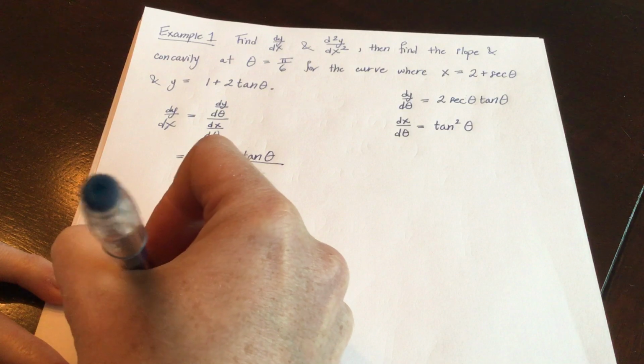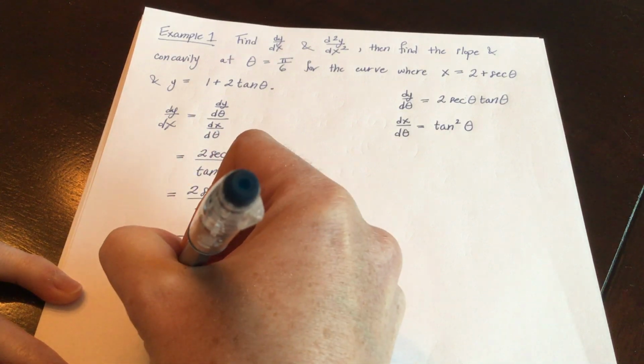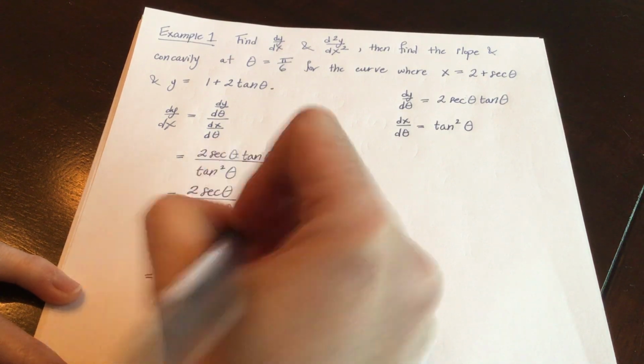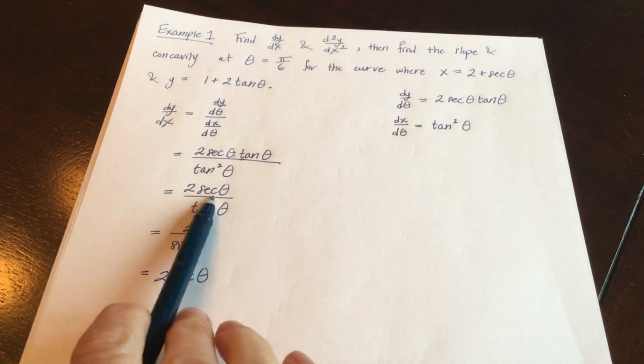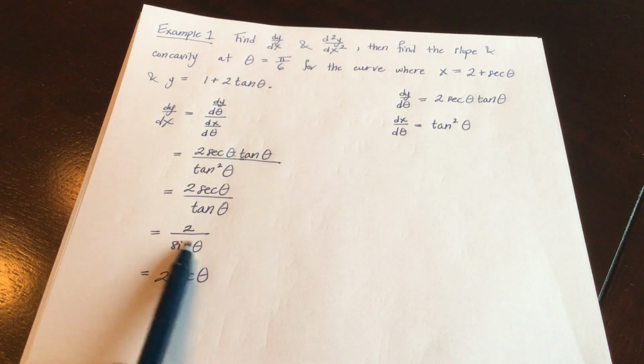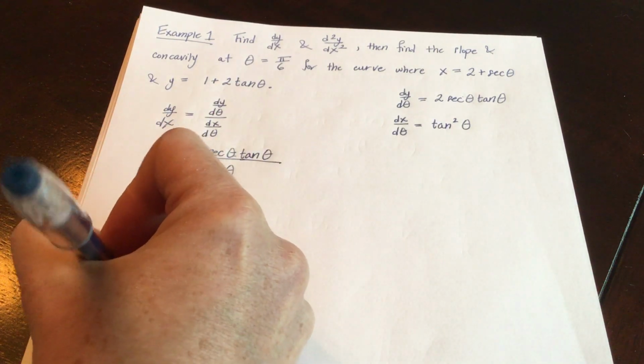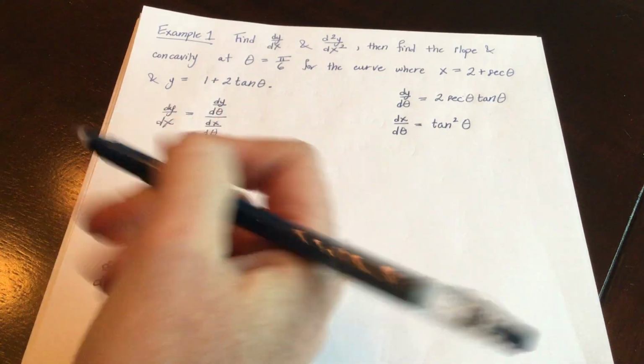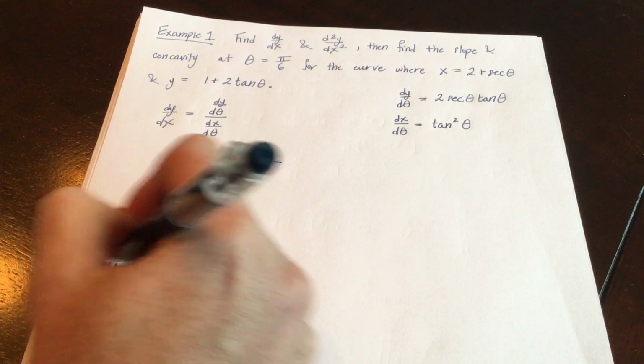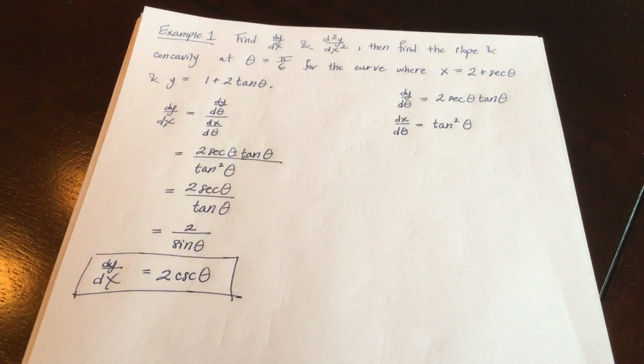Or you could write it as 2 times cosecant theta. There you go. So pick your favorite version. You like that one? I don't. This one or this one, totally up to you. And then you do have a rule for dy dx. I'm just going to pick this last one just because. Okay, so there you go.